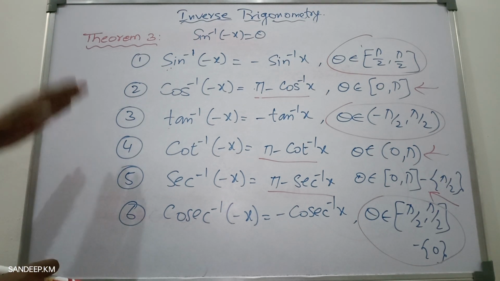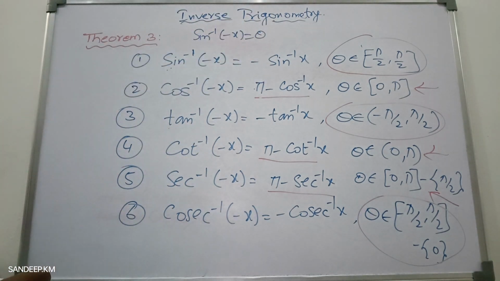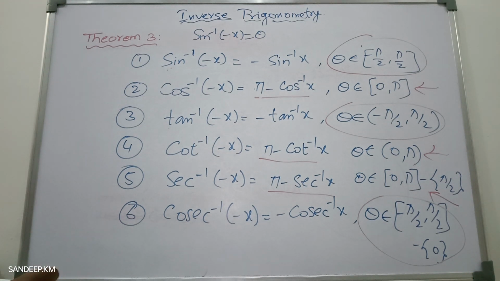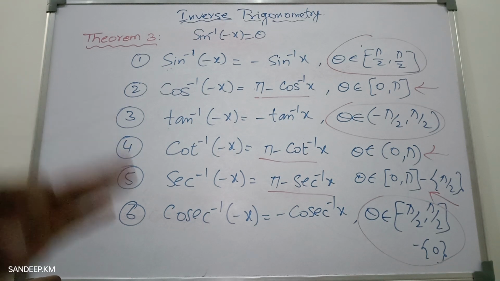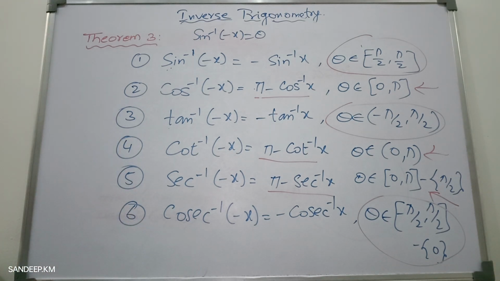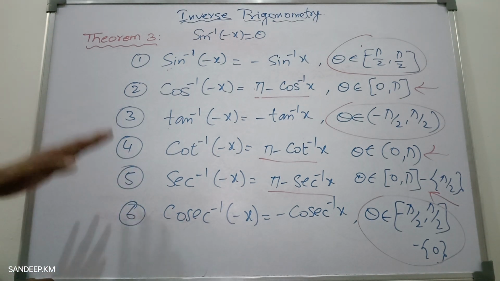You have to understand why sin inverse of minus x is minus sin inverse x, and why it is not pi minus sin inverse x. To know that, you should know its proof. Proof is always useful. I'm repeatedly saying, by learning the proofs, you are learning a method of solving a problem. Keep this in mind. It will make you better at solving problems if you know the proof.